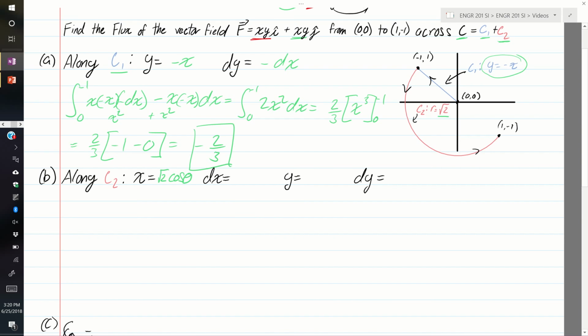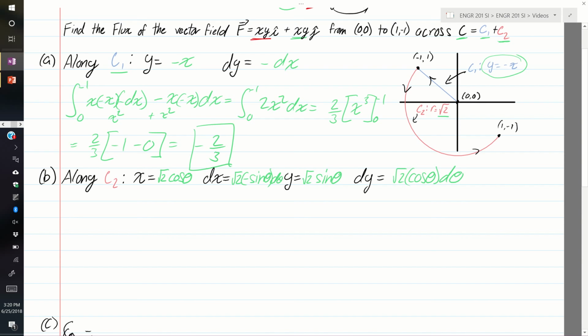And then dx would be the derivative of that. It would be square root of 2 times negative sine theta d theta. And then y would be square root of 2 sine theta, while dy would just be square root of 2 cosine theta d theta.